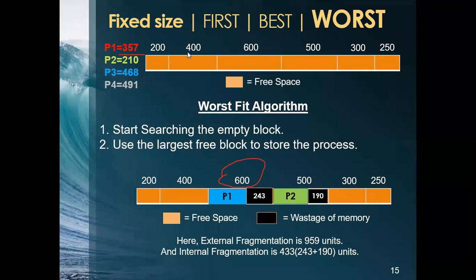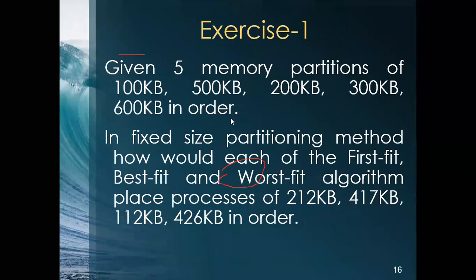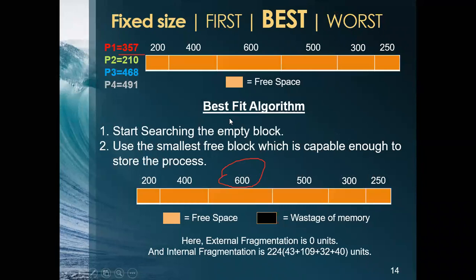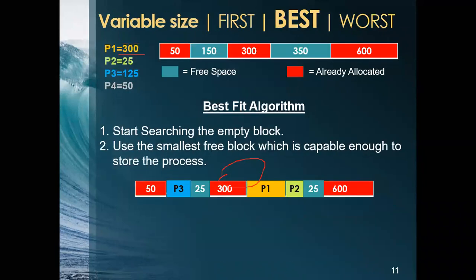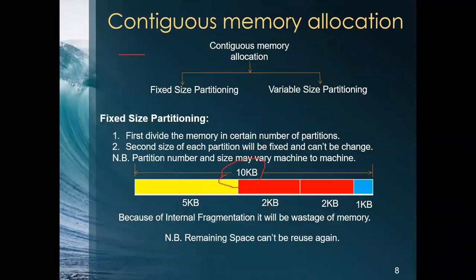So what is our conclusion from learning this? We have two types of memory allocation, that is variable size and fixed size. For both cases, in the contiguous memory allocation, we have fixed size partitioning and variable size partitioning. In both cases, we have three algorithms: first fit, best fit, and worst fit. The first fit allocates the memory that it finds first.